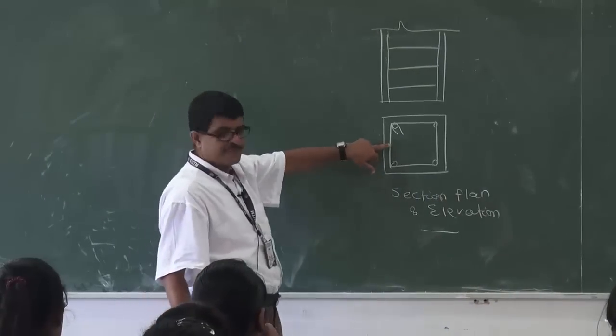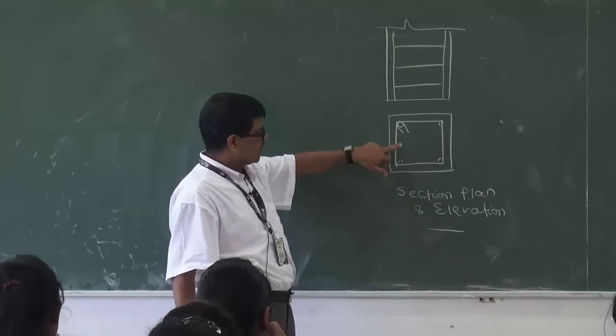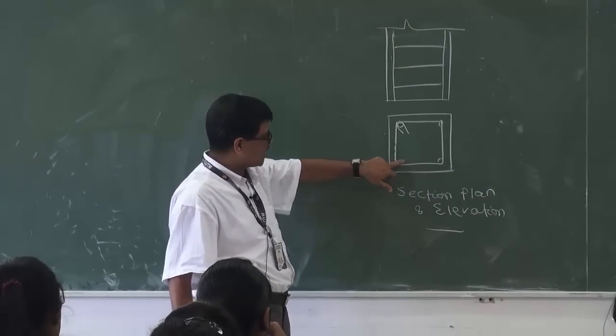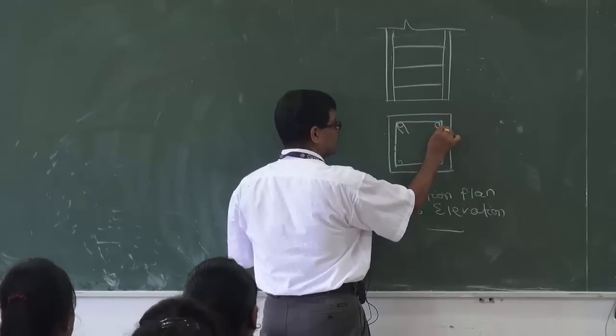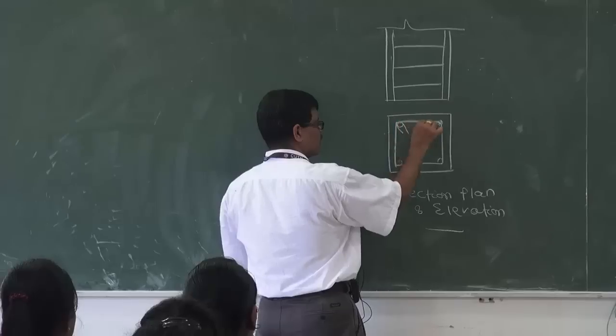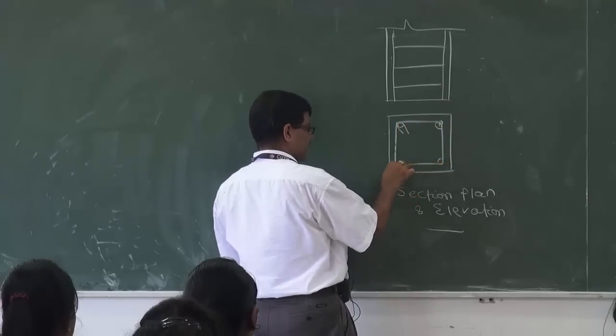So this is the main reinforcement, and these are the lateral ties. These are the 4 main bars or reinforcing bars, and this is your link or lateral tie.